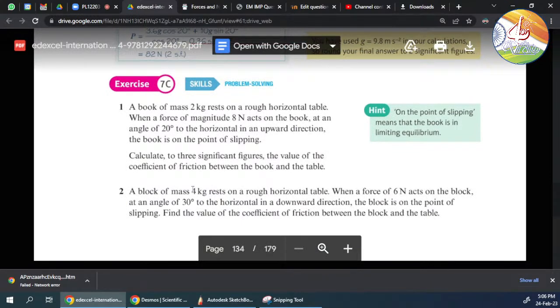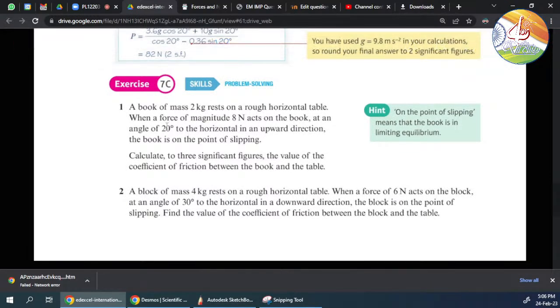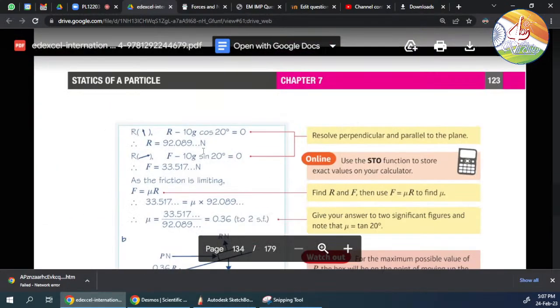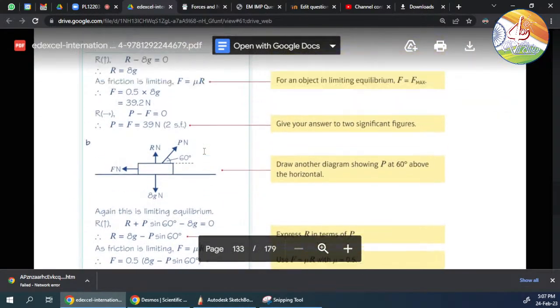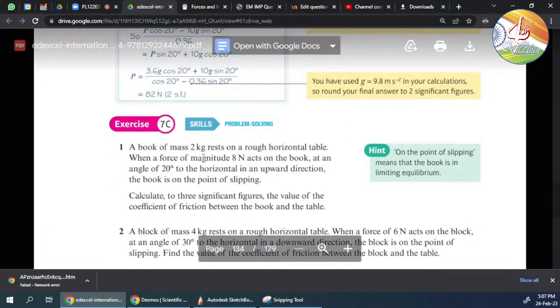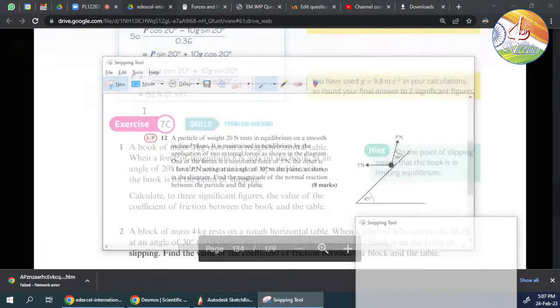I think we were doing one of these problems when the power went out. So shall we go directly for exercise? Okay, so let's come here.